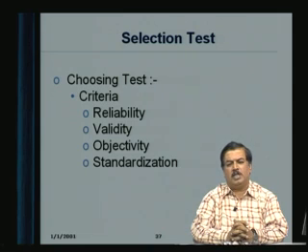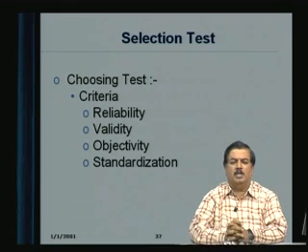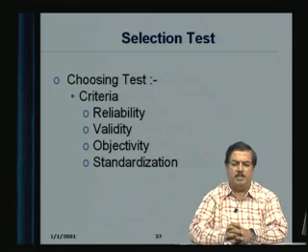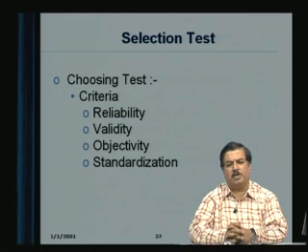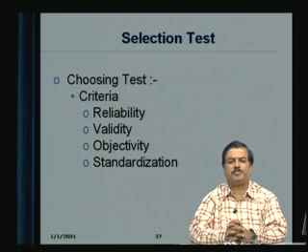Then validity also means whether somebody is going to be successful or not. What were the past numbers, and were they able to predict success in the past as well? So we are talking about predictive validity.